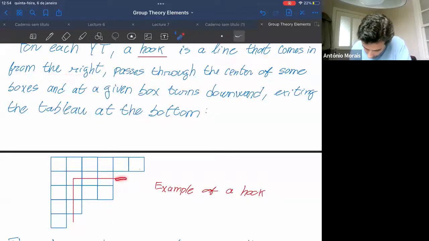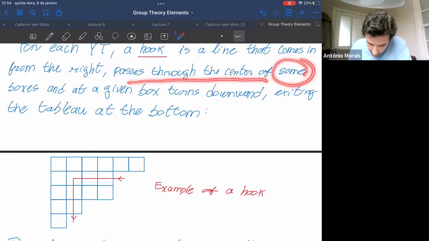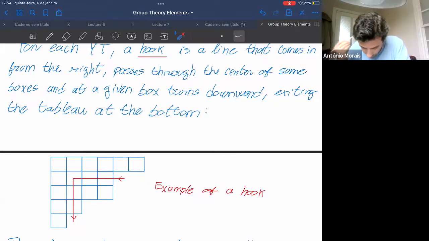You can put some arrow here. It comes in from the right, passes through the center of some boxes, in fact through the center of this box, this, this, and that.